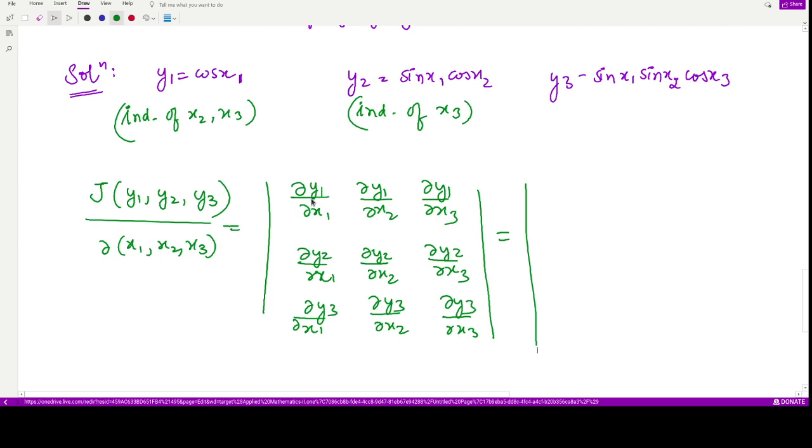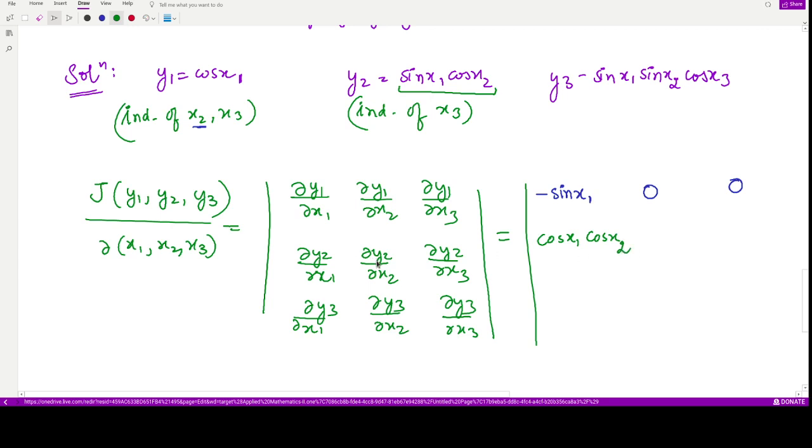So what is the derivative partially of y1 with respect to x1? That would be equal to minus sine x1. And then the derivative of y1 with respect to x2, because it is independent of x2, this quantity is equal to 0, and with respect to x3, this is also equal to 0. Now what is the derivative of y2 with respect to x1? With respect to x1, its derivative would be cos x1, and cos x2 would come as such.